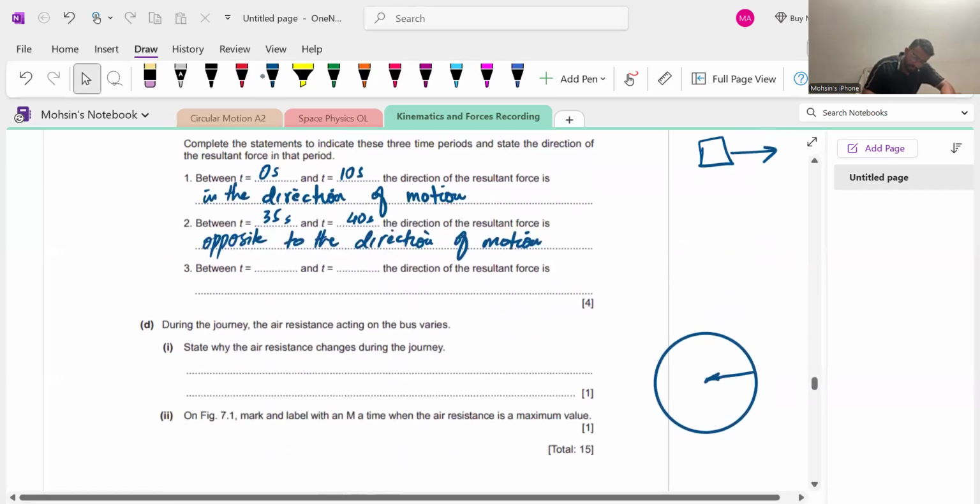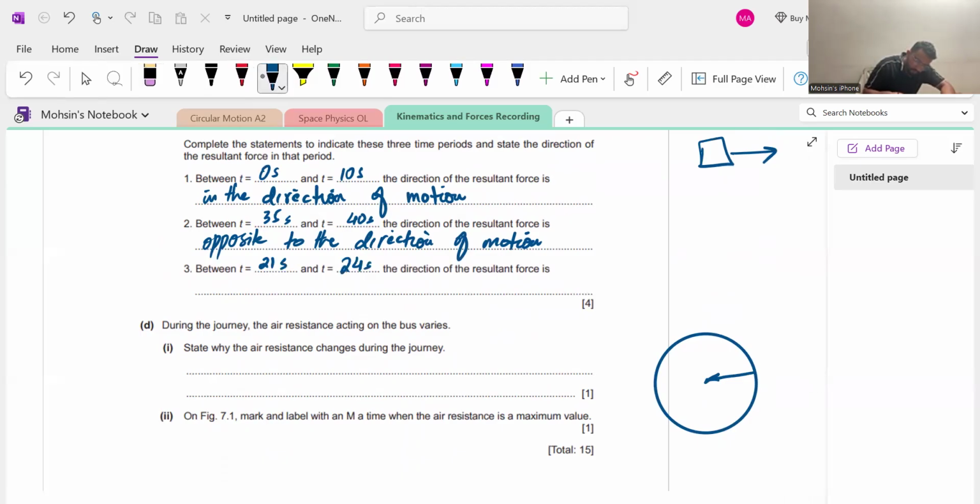So here I will write 21 second to 24 second. The direction of resultant force is towards the center, or you can say perpendicular to motion.